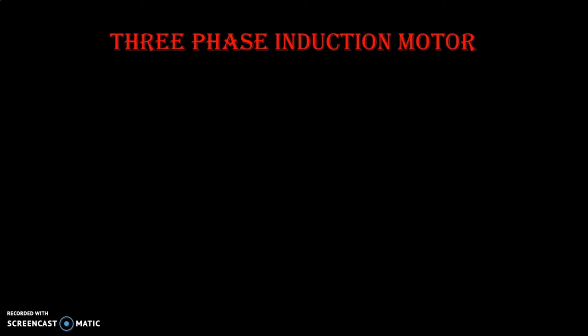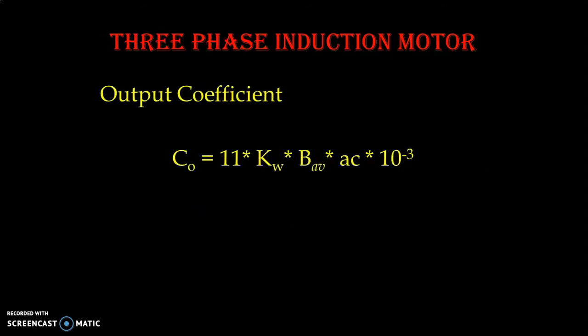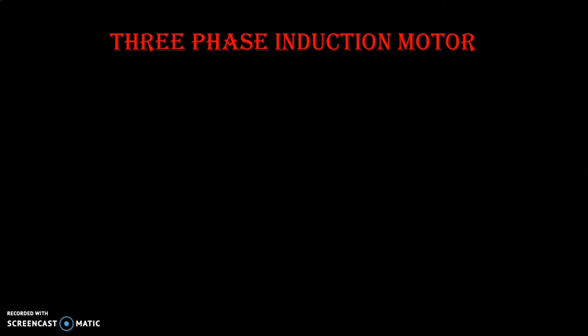Now let us start with the three phase induction motor. Output coefficient is again similar, 11 multiplied by Kw multiplied by Bav multiplied by Ac and multiplied by 10 raised to minus 3. As I said, the only difference between single phase and three phase in the output coefficient is in the winding factor.